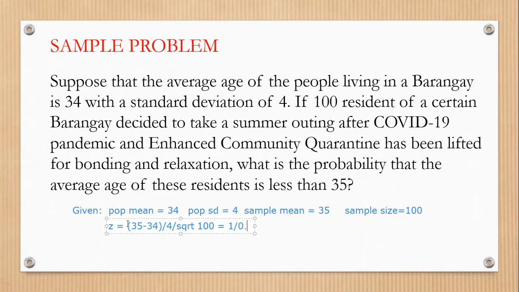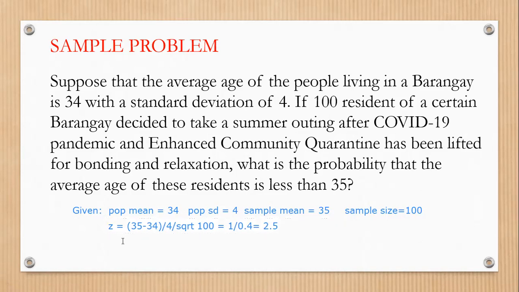So we have 1, which is the difference between 35 and 34. That's why we have 1 over our denominator, which is the quotient of 4 over 10, that is 0.4. Therefore, dividing 1 by 0.4, the z value is equal to 2.5.